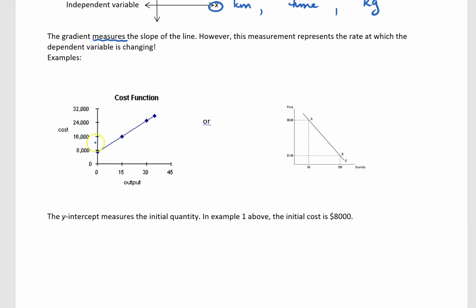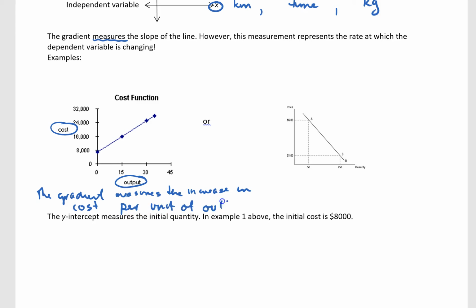In these examples, we can see that the cost is being recorded here on the vertical axis, and output. We would say the gradient measures the increase, because it's a positive, increase in cost per unit of output.